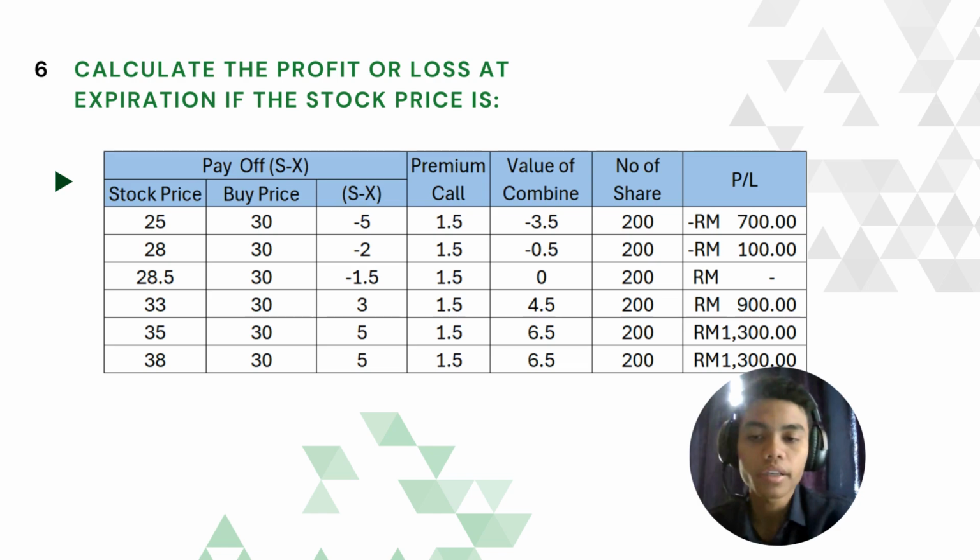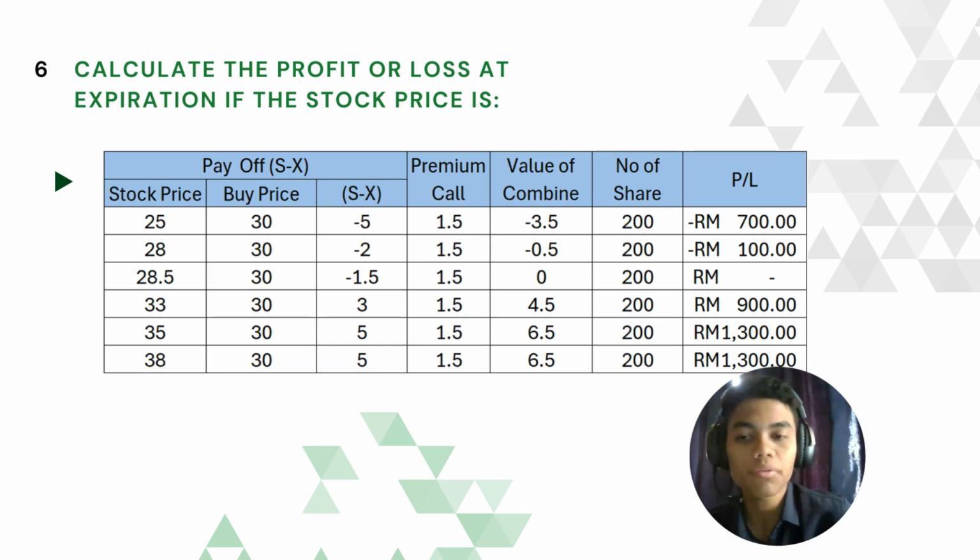Next, at 28 ringgit, it is still the same case, and the loss is 100 ringgit. At 28.5 ringgit, it is special because 30 ringgit minus the call premium of 1.5 gives 28.5.